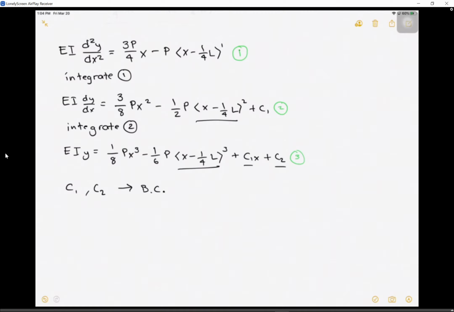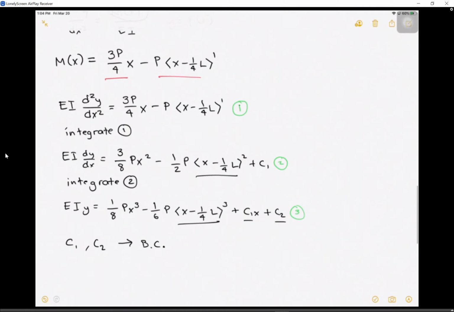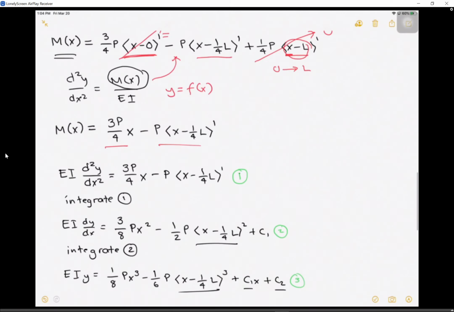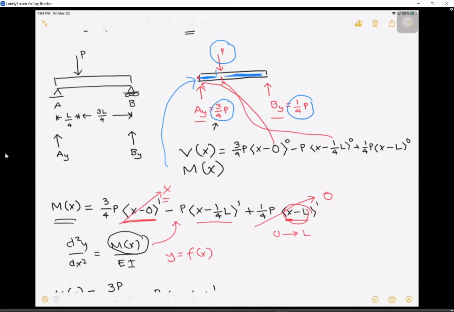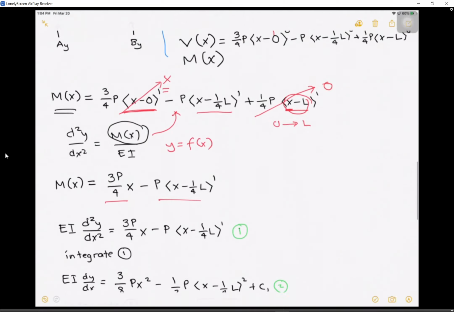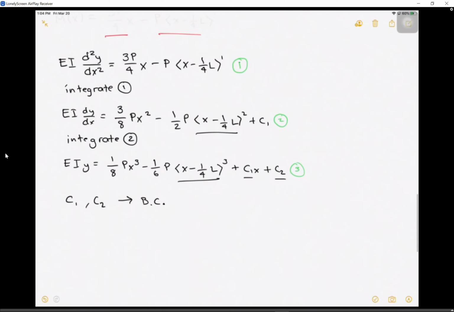And if we look at our beam, what boundary conditions can we get? At point A, we have x is equal to 0, and y is equal to 0 because it's connected right there. Same thing here, at x equal to L, we have y is equal to 0. So we can use those boundary conditions to solve for C1 and C2.